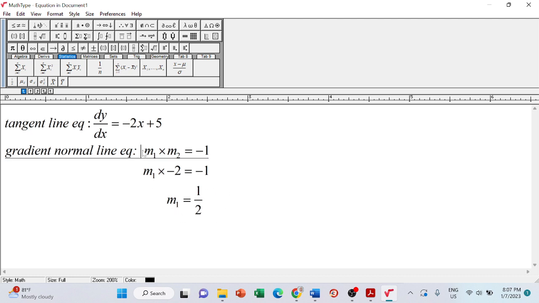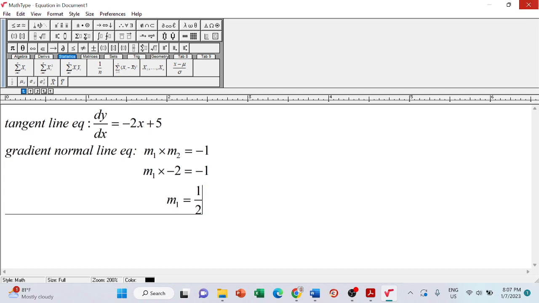Using this property, this is the property between normal and tangent: the product of gradients will be equal to negative 1. So always find first the gradient of that equation.